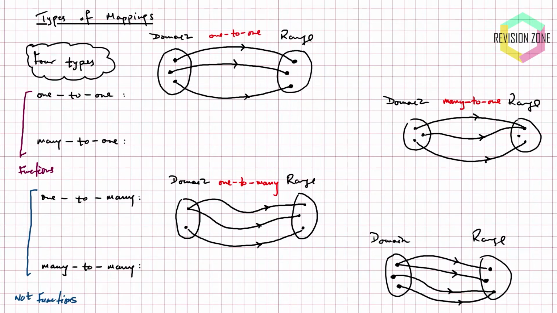Just so it's crystal clear, I'm going to go back and write all of these definitions in words. So one-to-one is basically one input gives one output. Many-to-one is many inputs give one output.